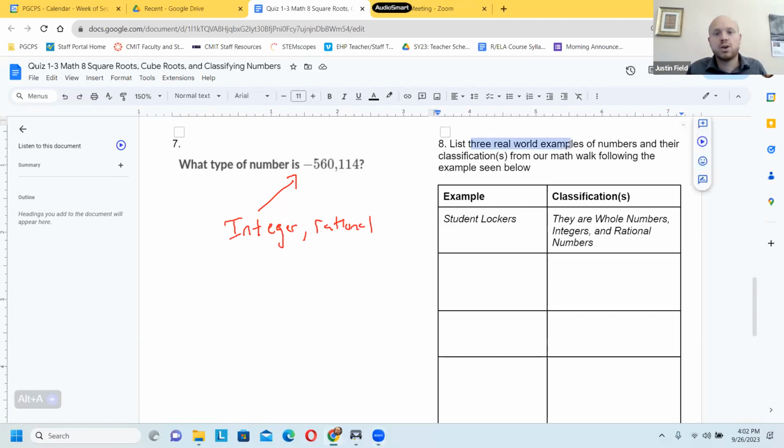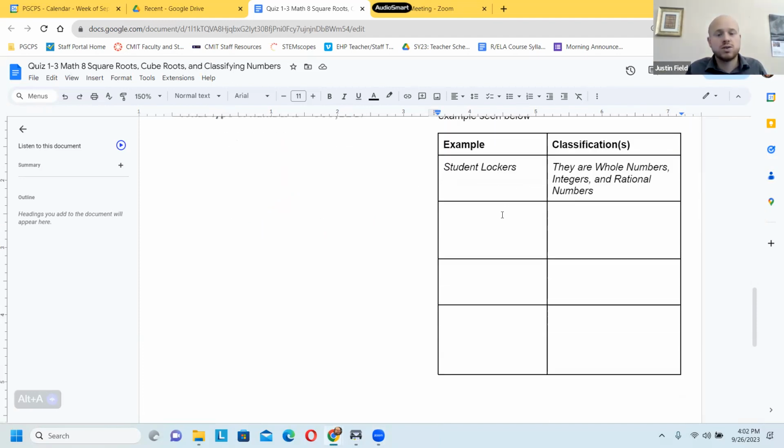List 3 real-world examples of numbers and their classifications from our math walk. Okay, so in student lockers, that was an example. Mr. Fields' tire circumference is something I brought up. And so that was an irrational number. All circumferences are irrational because they contain pi.